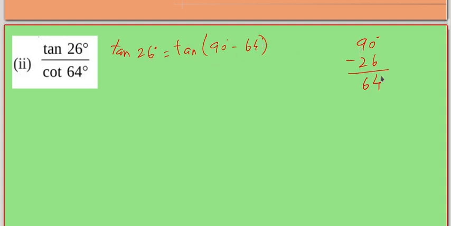From 90, if we subtract 64, we will get 26, and from 90, if we subtract 26, we will get 64. These two have a total sum of 90 degrees.